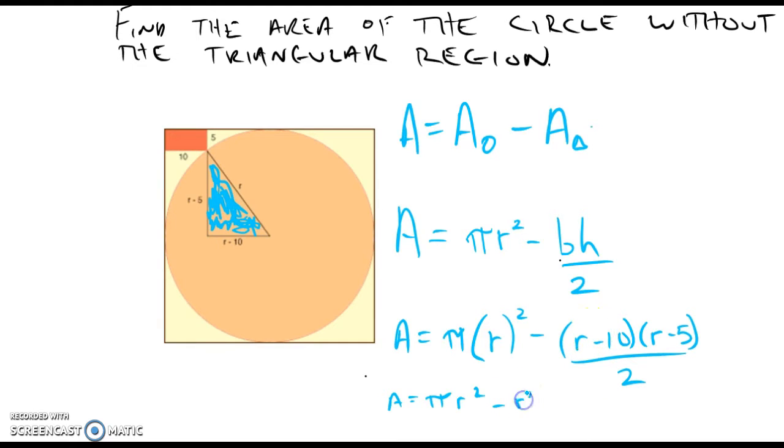Distribute. So r squared minus 5r minus 10r plus 50 all over 2.